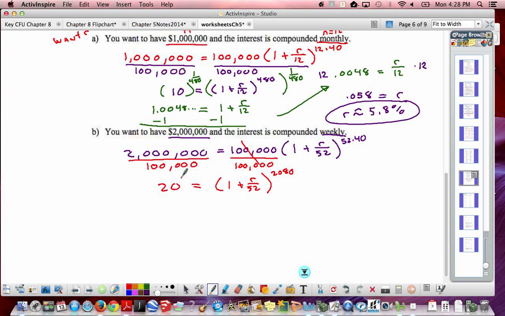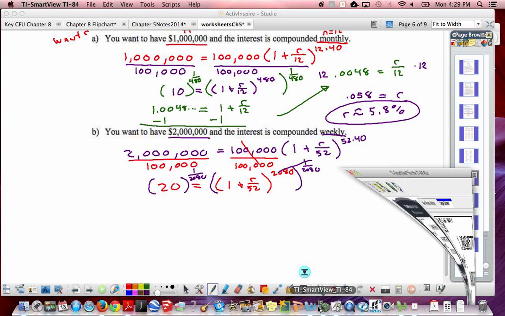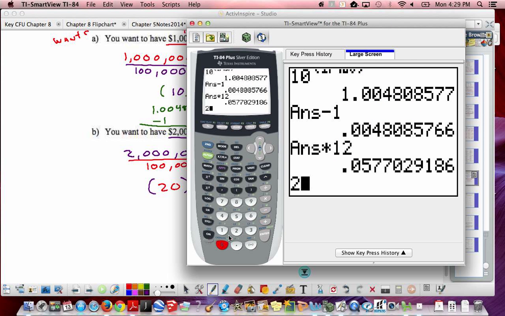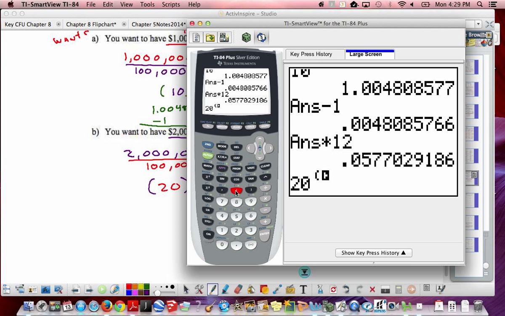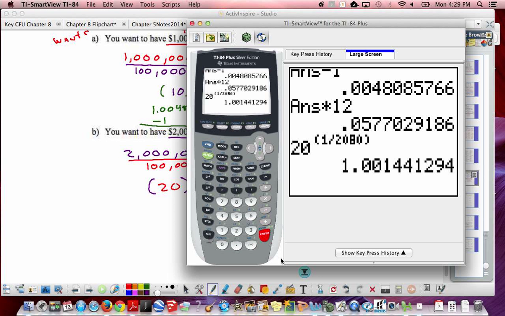So now what I want to do is take this to the 1 over 2,080 power. And so now, on my calculator, 20 raised to the 1 divided by 2,080 power.